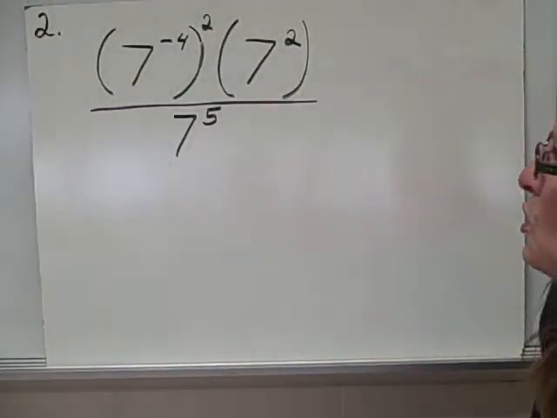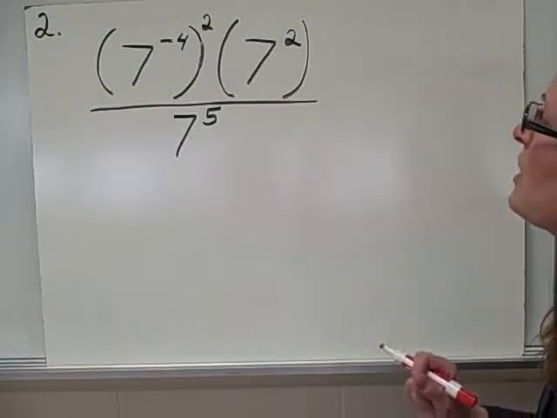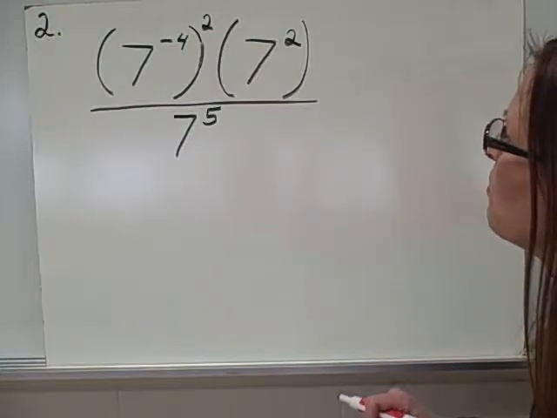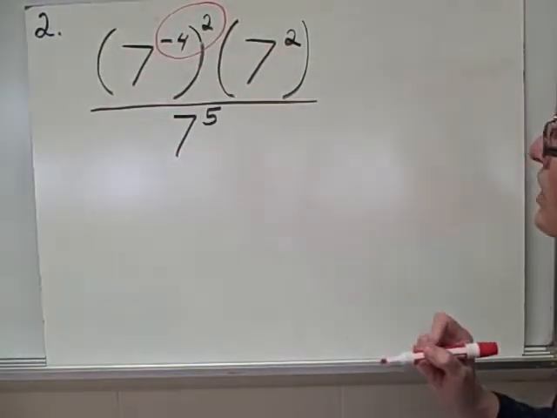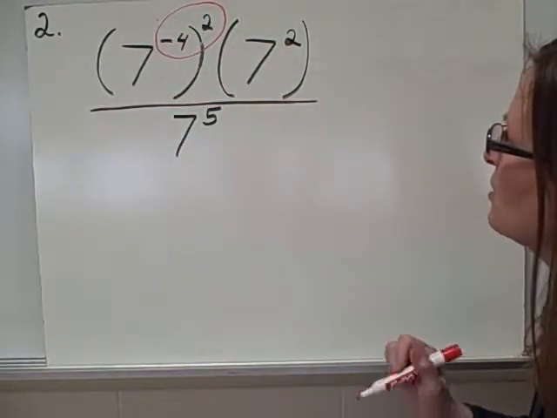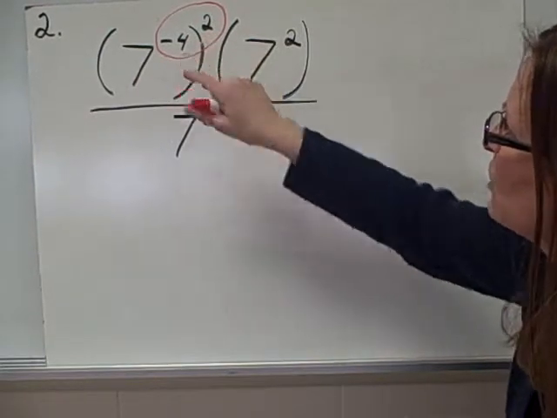Look at problem 2 while we review properties of exponents. You will remember that the only time we multiply exponents is when we have what is called a power of a power. When our exponent has an exponent, then we multiply.